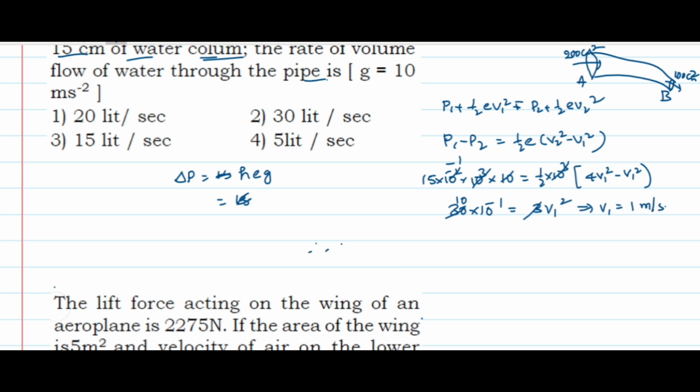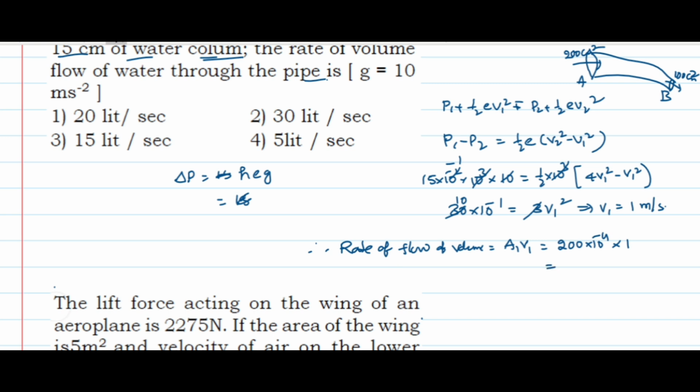Therefore the rate of flow of volume is A1 V1, the flow of water through the pipe. The initial area is 200 centimeter square, which is 10 power minus 4 meter square, and the velocity is 1 meter per second.